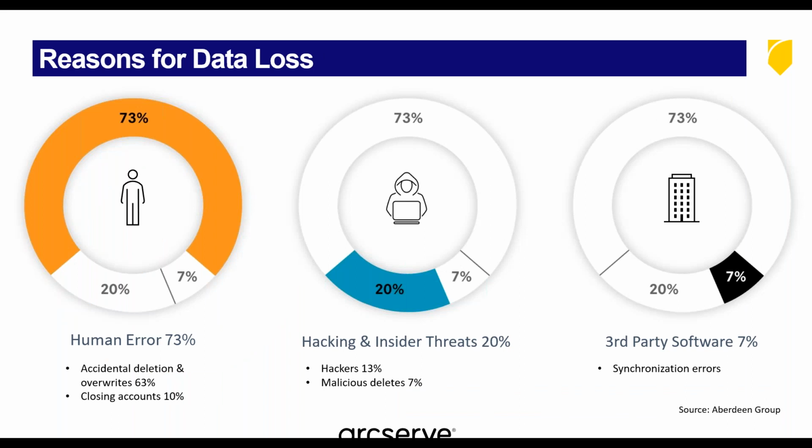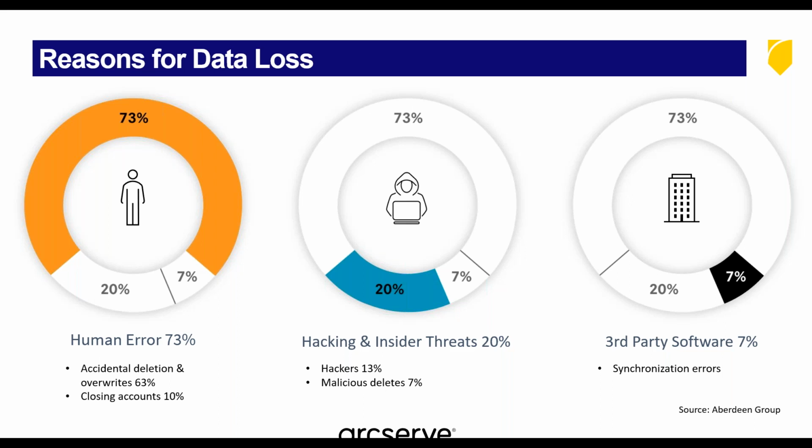This slide is from Aberdeen Group. It talks about the percentage of reasons for data losses. It was found that of the data loss scenarios experienced so far, 73% are due to human error.